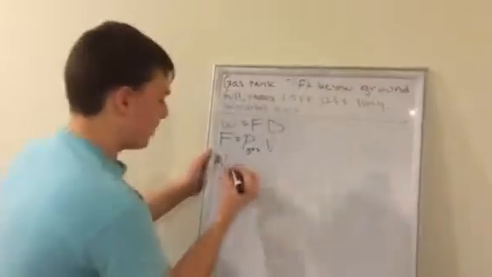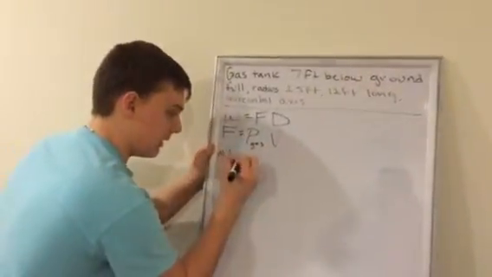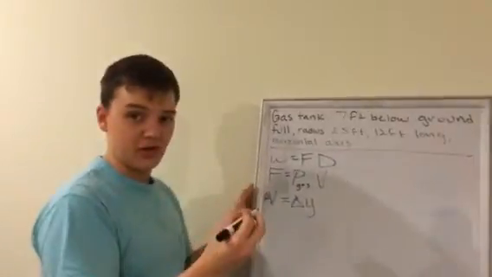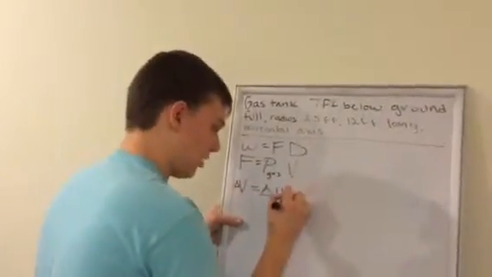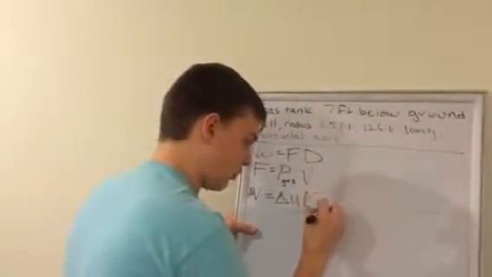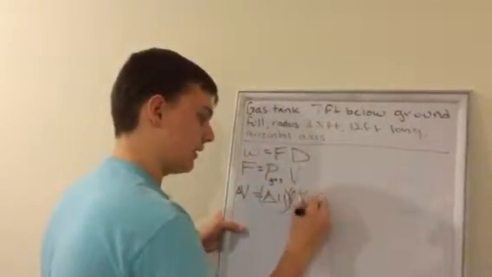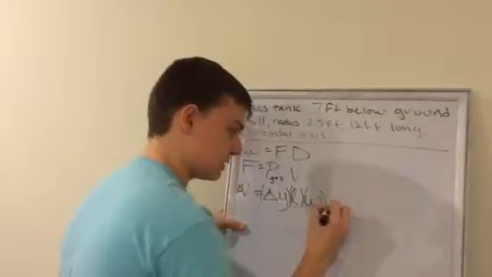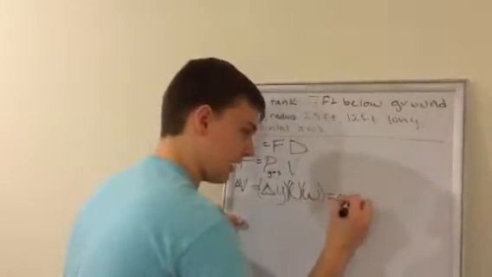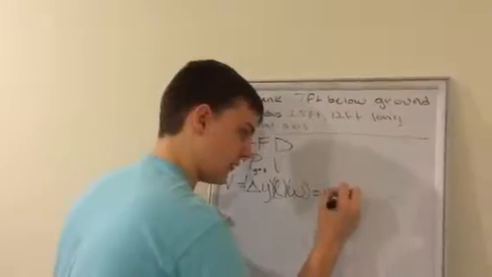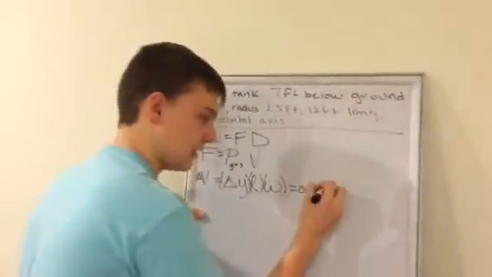So after dealing with that, we will have delta y, which will be our changing height, our length, and our width. That's height, length, width. Well, in this case, we have our delta y, times our length, which is 12, and our width.